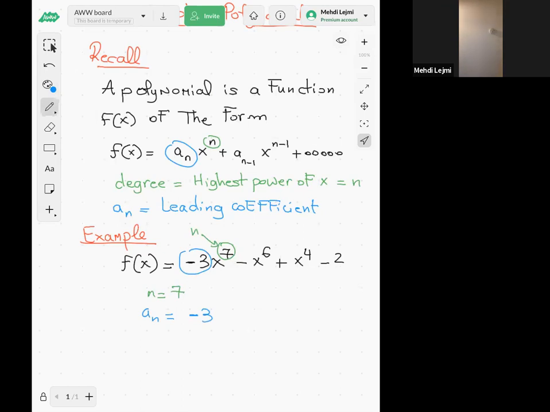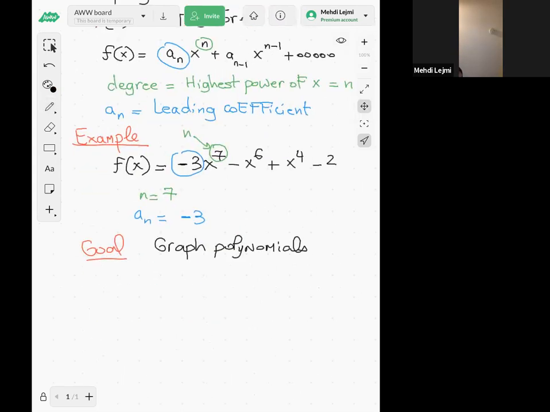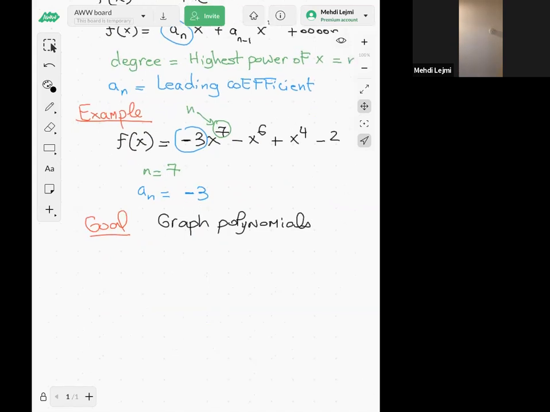Now, our goal is to graph polynomials. The first piece of information we're going to use is the behavior at infinity.